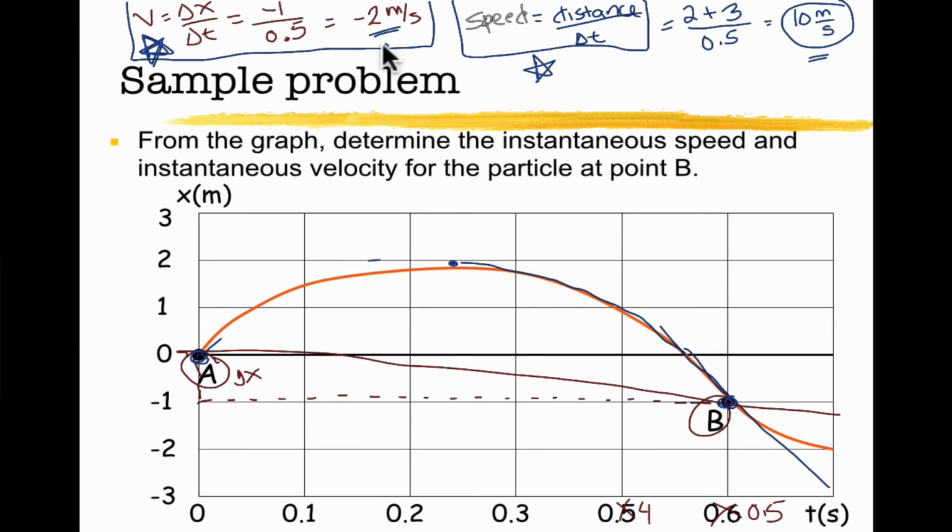So speed ended up being the absolute value of velocity for the instantaneous. But for average, since there was a wide range in between A and B, we were able to go forward and backwards. And so we had to account for all that distance that the object traveled in this time interval. So I hope that helps, and we will see you next video. Take care.